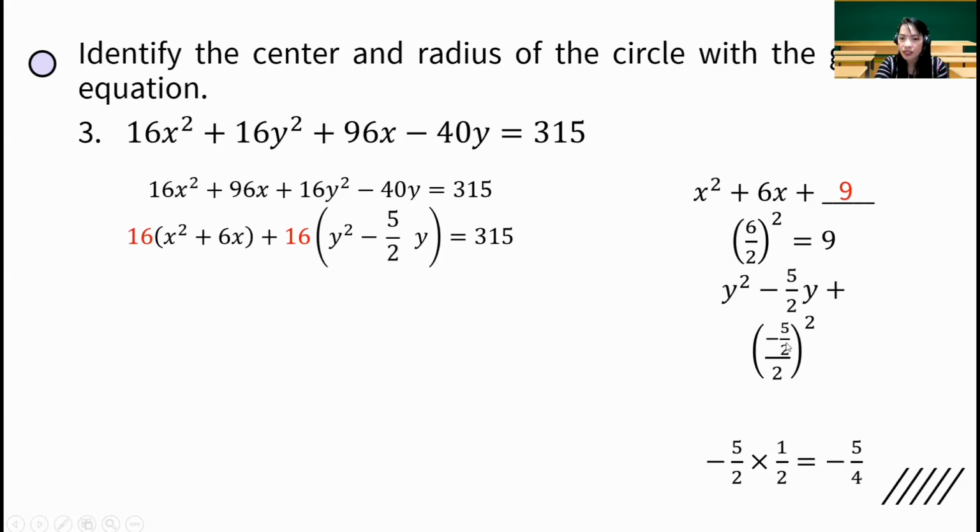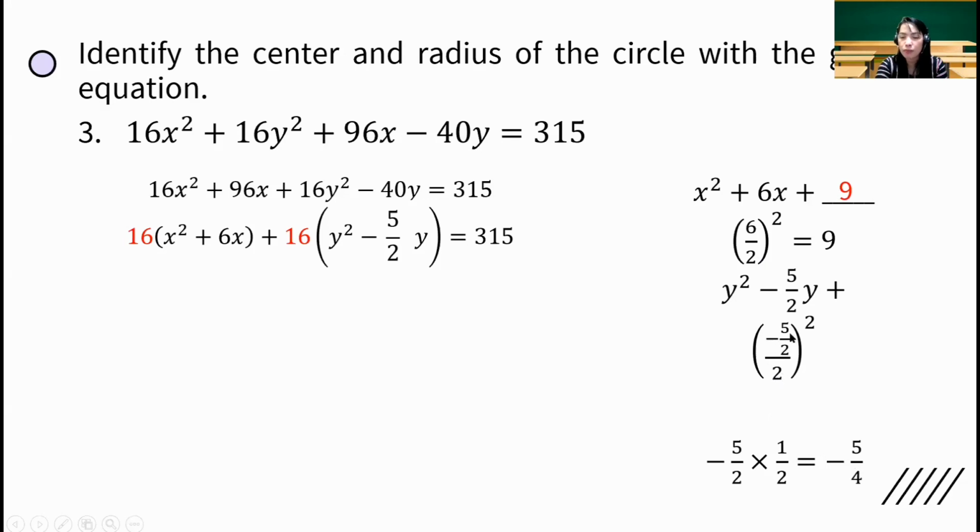So first, change the operation to multiplication and the divisor, magiging siyang 1/2. Get the reciprocal of 2, that is 1/2. 5 times 1 is 5, 2 times 2 is 4, and then copy the negative sign. Negative 5 over 4 is the result inside the parenthesis. This one is negative 5 over 4.